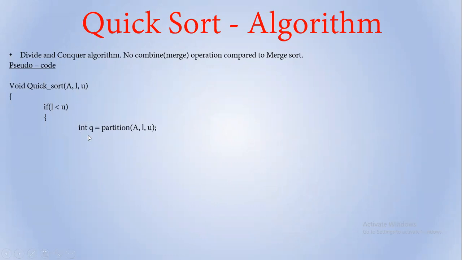We are calling this partition function, and the integer it returns will be stored in q. I will also write pseudocode for this partition function after describing this quicksort function at a high level.